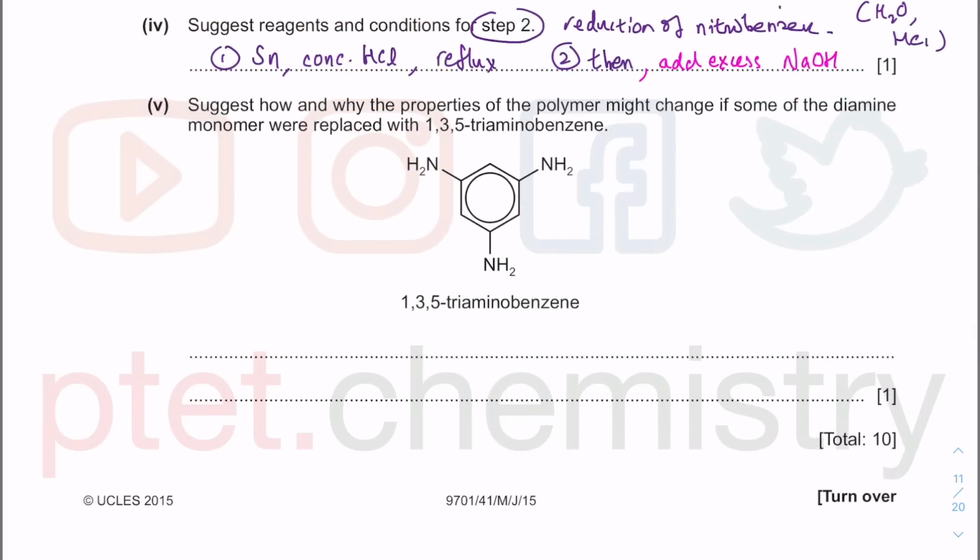In this next question: suggest how and why the properties of the polymer might change if you replace some of the diamine with 1,3,5-triaminobenzene. If we replace some of the diamine monomer, what's going to happen is you are going to get that NH, and now you're going to get CO. What is going to happen?